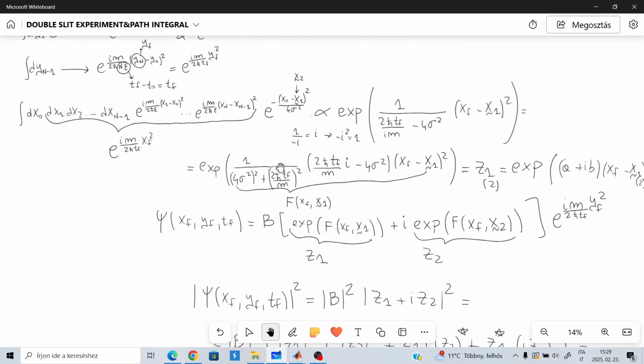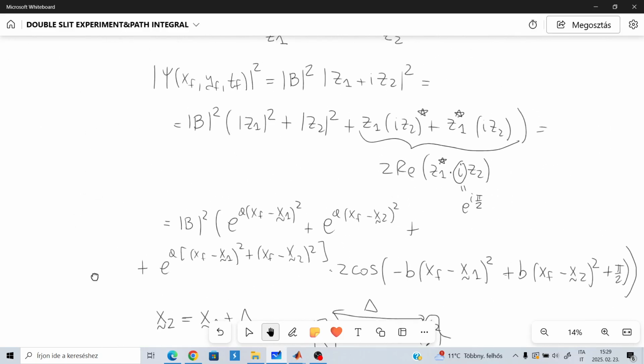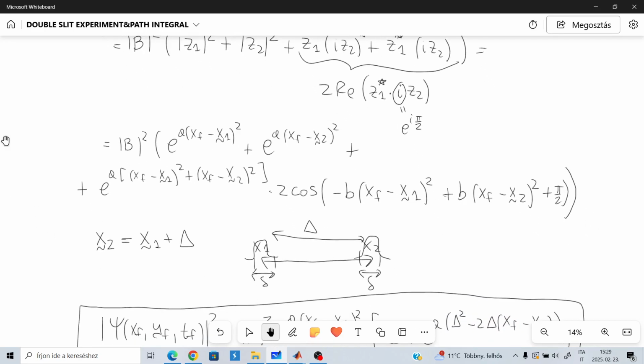The only difference would occur when you calculate the square of psi, the mod squared of psi. You can see that that phase factor appears in here, right? So here we have a cosine.